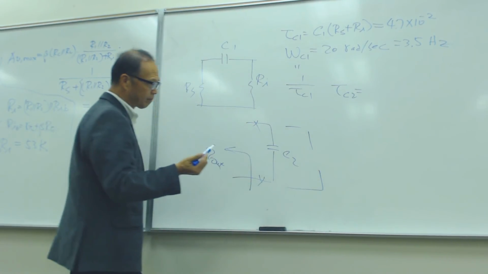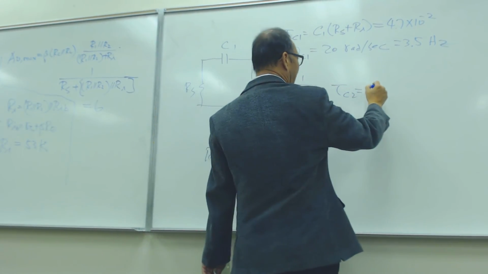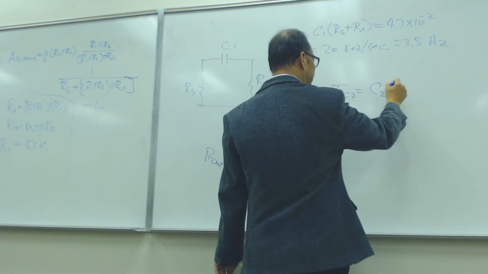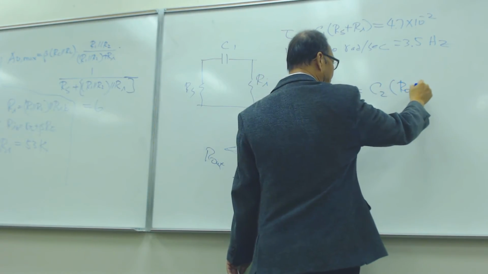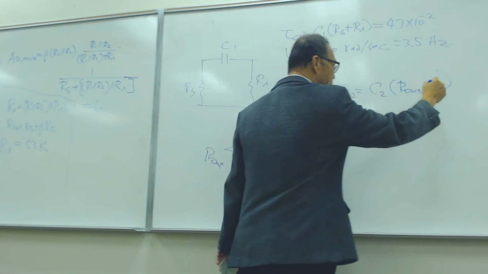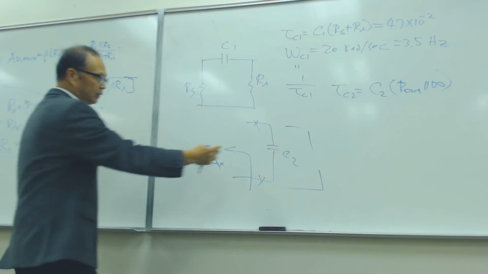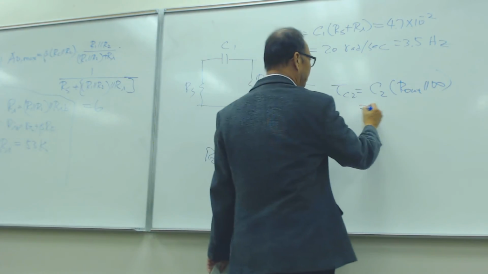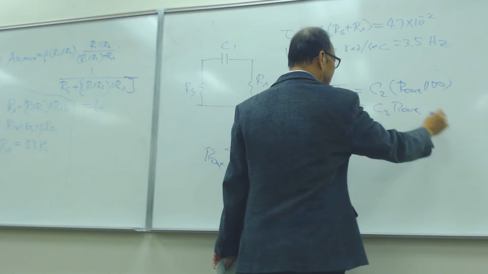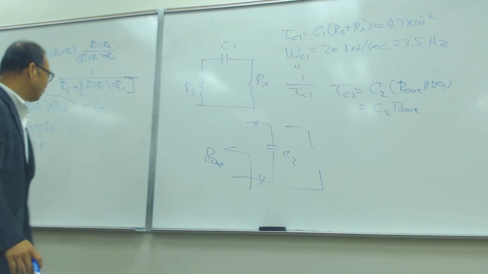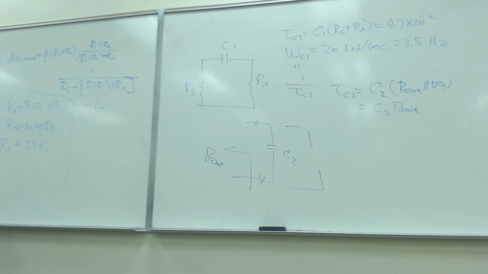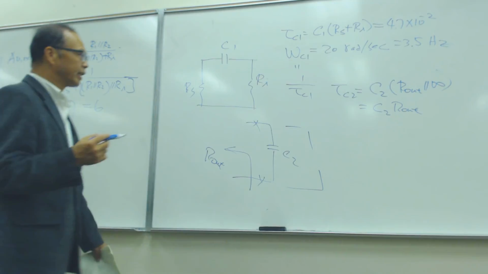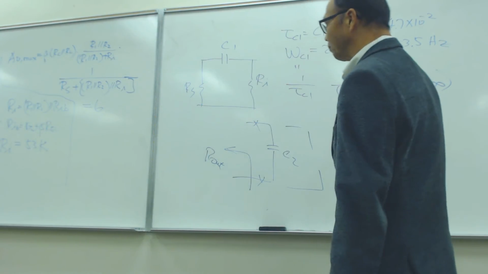So it's C2 times R out in parallel with infinity, because it's open on the right hand side, so that's infinity. So it's equal to C2 times R out. Now the question is what is R sub out? Then you have to apply the Thevenin method, a test voltage. We have done this many times.